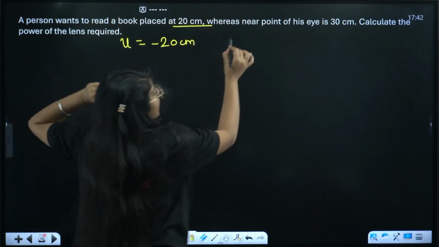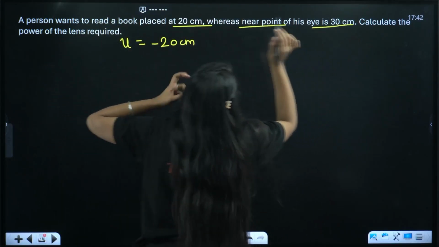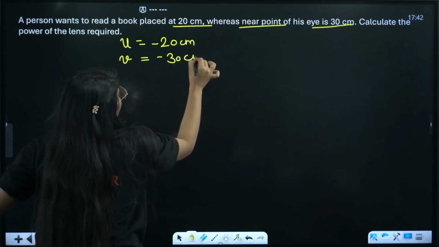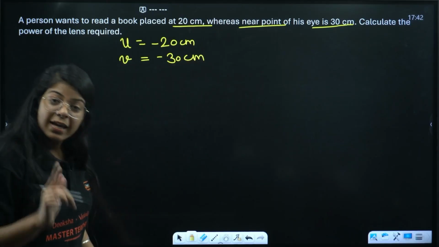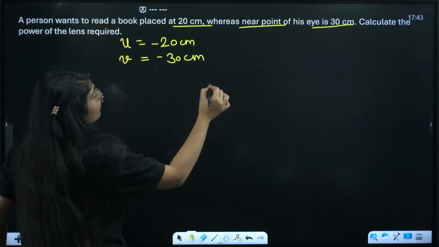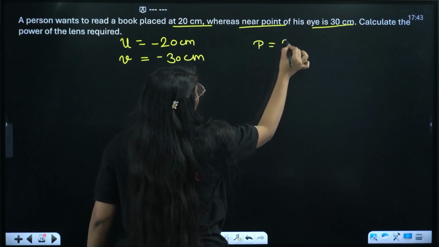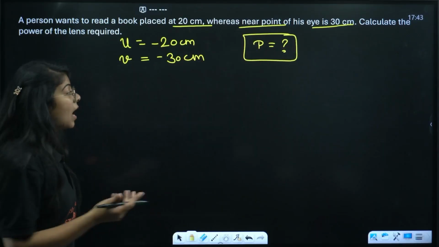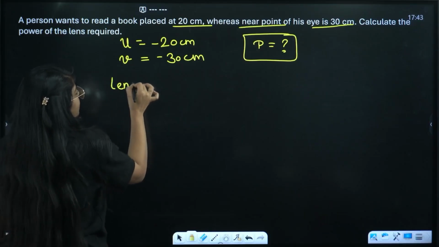So what did I tell you? Whenever near point is given, that is my v. So v is minus 30 centimeter and it is always negative. Calculate the power of the lens required. We just have to calculate the power of the lens. Again, we can find the focal length using the lens formula.